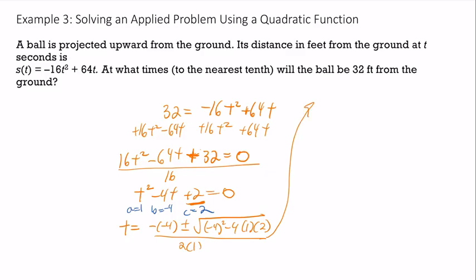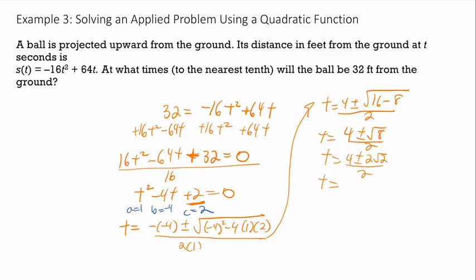That means t is 4 plus or minus the square root of 16 minus 8, over 2. T is 4 plus or minus the square root of 8 over 2. That's 4 plus or minus 2 root 2 over 2. T is 2 plus or minus the square root of 2.